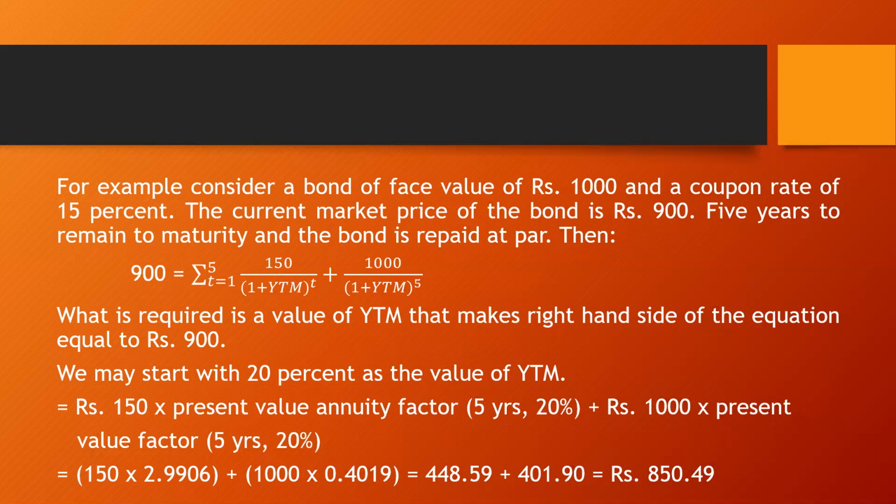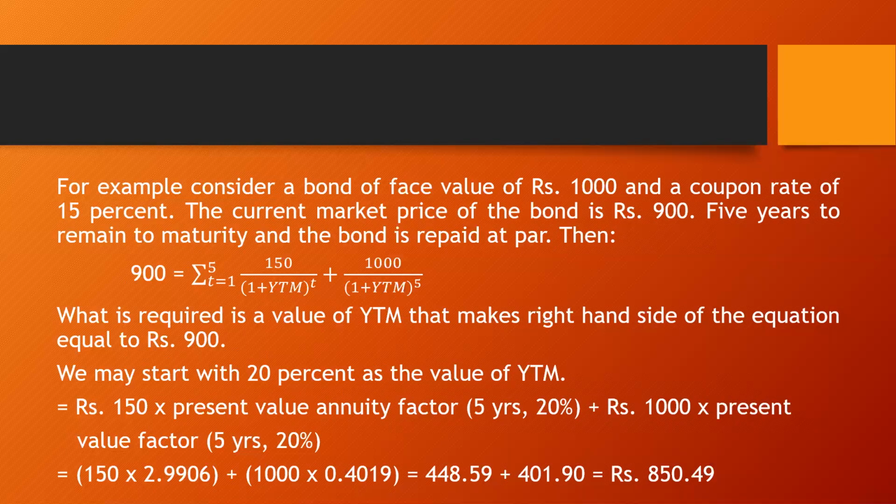We need to calculate the YTM. So what is required is a value of YTM that makes the right hand side of the equation equal to 900. Through trial and error, we have to calculate various percentages till we arrive at a percentage which makes the right hand side equal to 900. So we will start with the assumption of 20% as the value of the YTM.